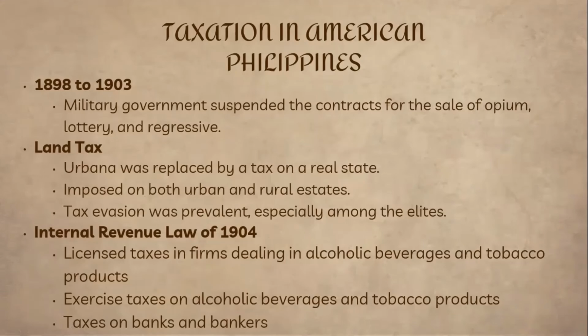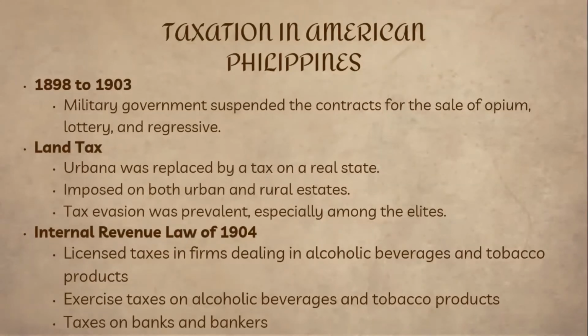Now we are going to discuss the land tax. Urbana was supplanted by an assessment on the land, which became known as the land tax. The land tax was collected in both metropolitan and provincial states. The issue with the land tax was that the assessment in the provincial region was messy.